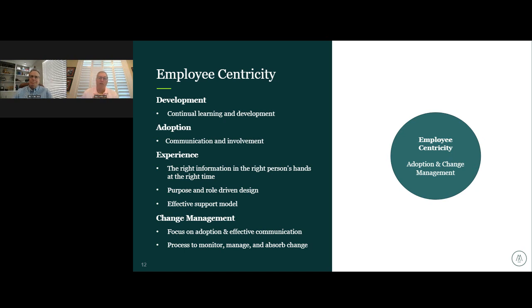And then also from an adoption standpoint, if you read any article on why technology projects fail, the number one reason is always change management. People don't take into account the user experience, the user adoption, and the communication of why we are doing this and what the impact is on me as a user in a specific role.